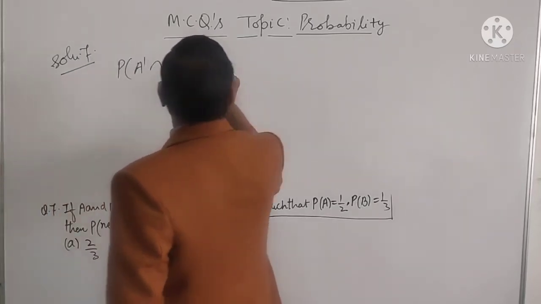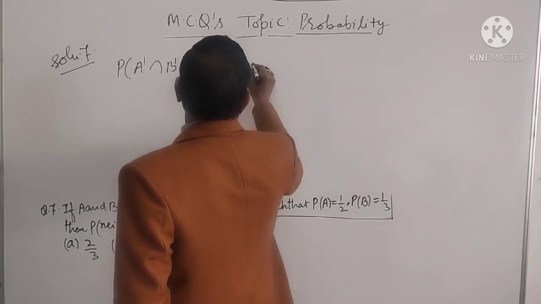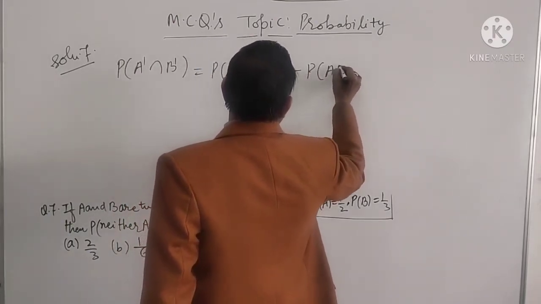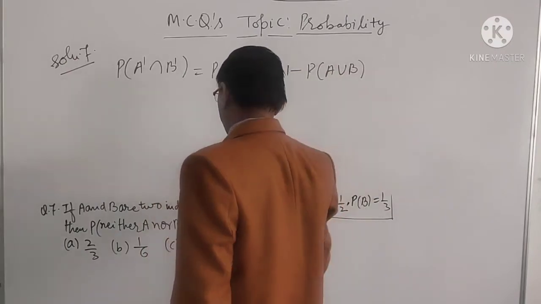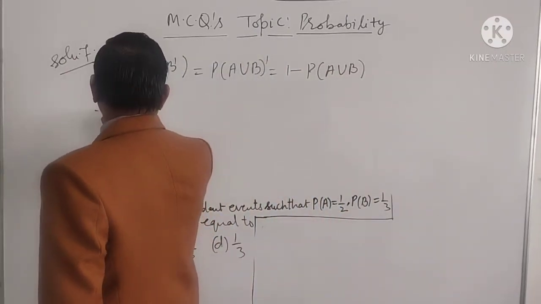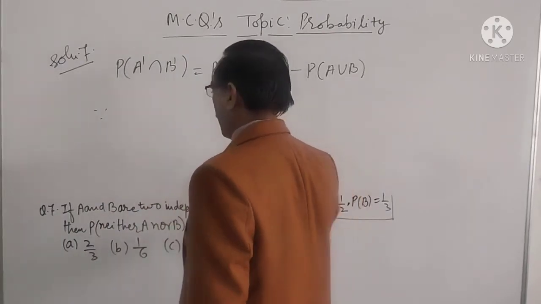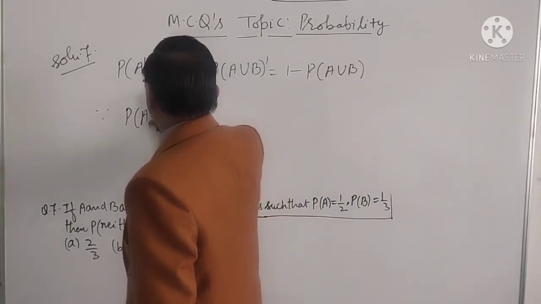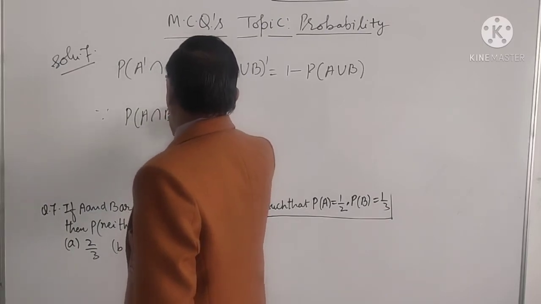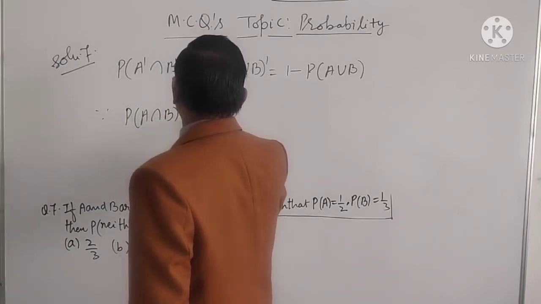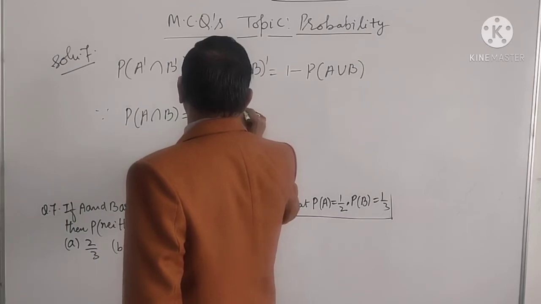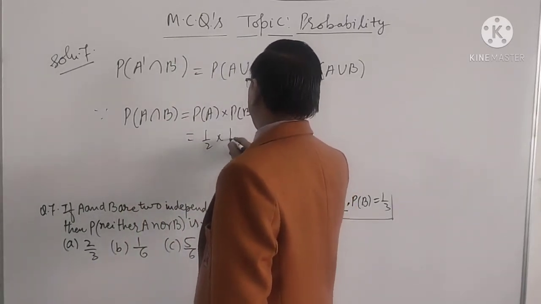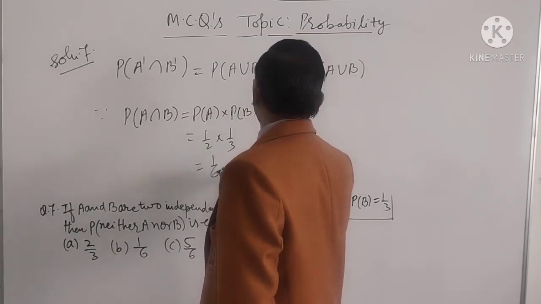It is P(A union B) whole complement. It is 1 minus P(A union B). Since A and B are independent events, therefore P(A intersection B) equal to P(A) into P(B). So it is 1 by 2 into 1 by 3 equal to 1 by 6.